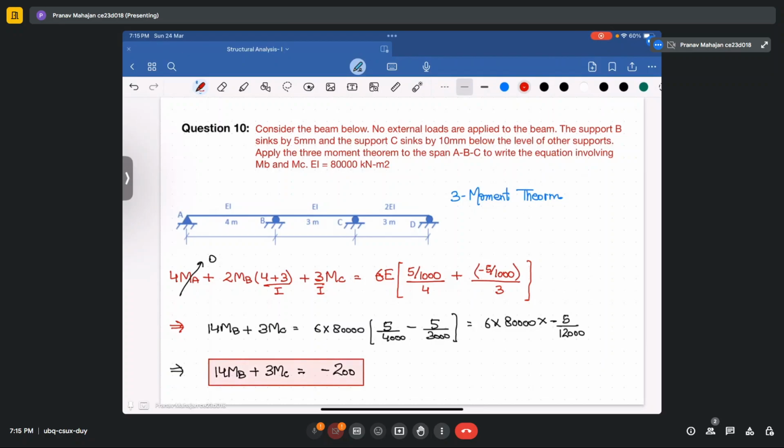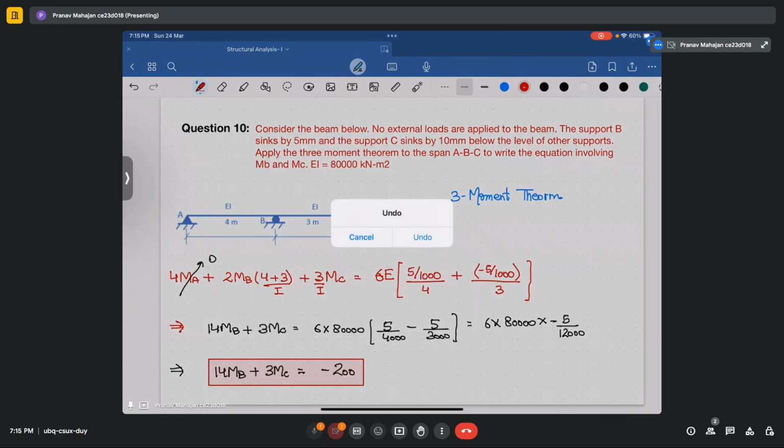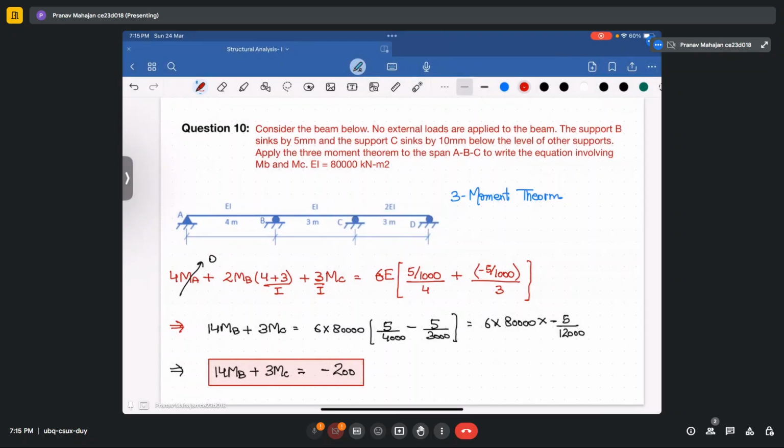In this question, it is only required to calculate the three moment equation for the span ABC. So if you are required to calculate the moments MB and MC, you will take another three moment theorem for span BCD and apply the three moment theorem at joint C. So again, you will get the values in connection with MB and MC because MD is also equal to 0.